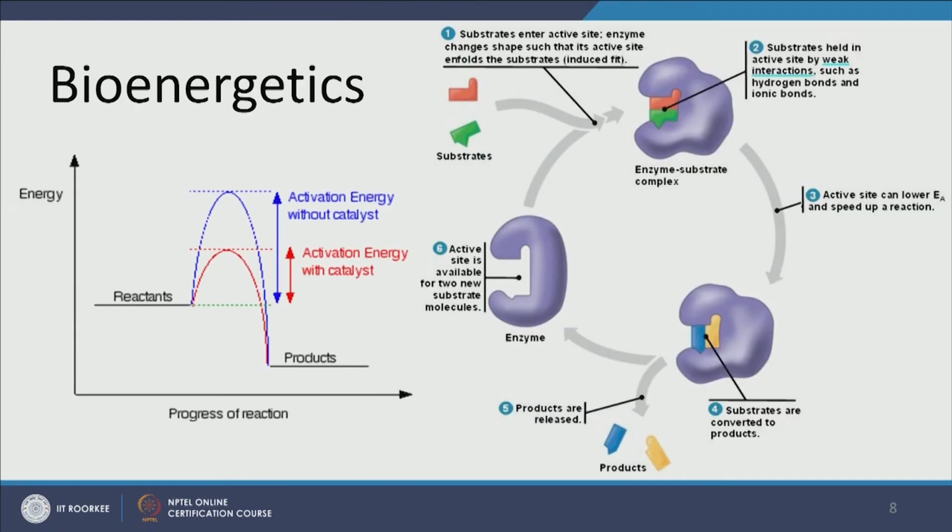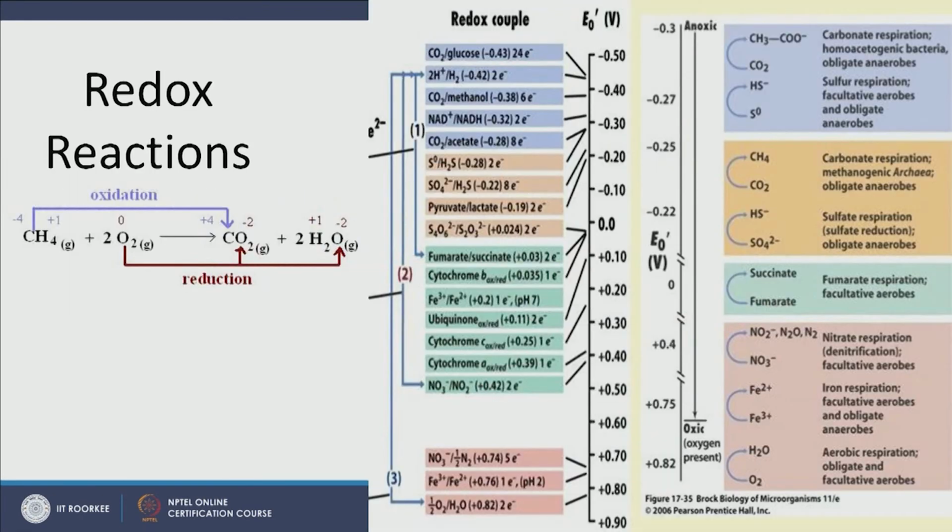So, now that we know how to make life easy by using enzymes, let us look at the redox reaction and the redox tower. Now, the redox reaction is basically any reaction where we have reduction and oxidation taking place. Red in redox is reduction, OX is oxidation. So, reduction is gaining electrons, oxidation is losing electrons.